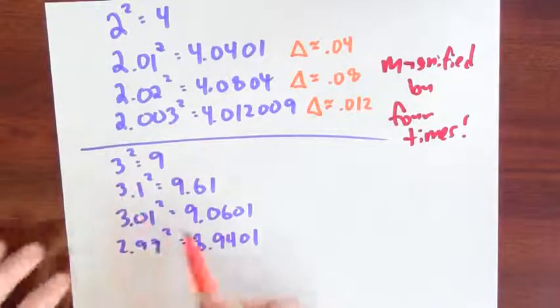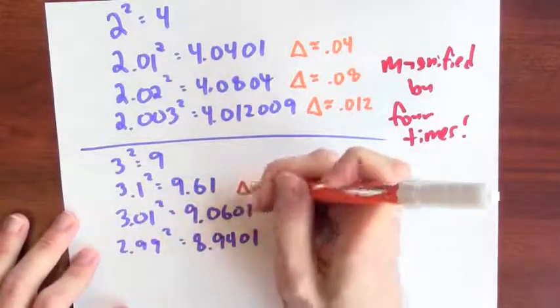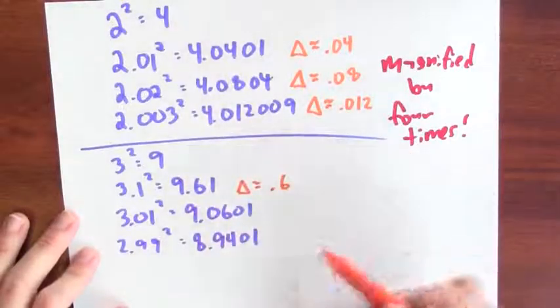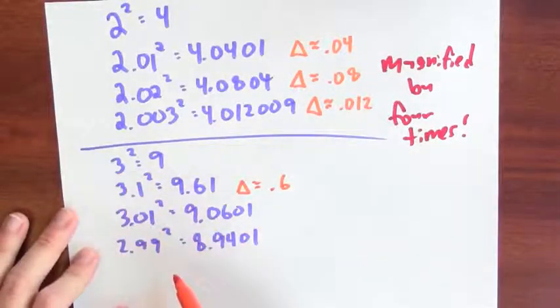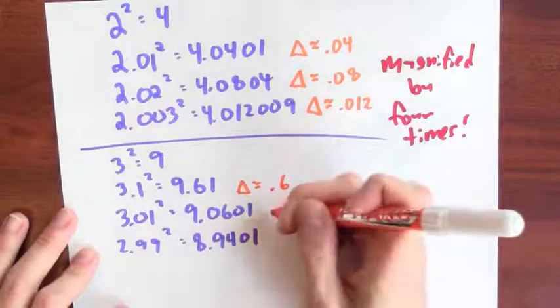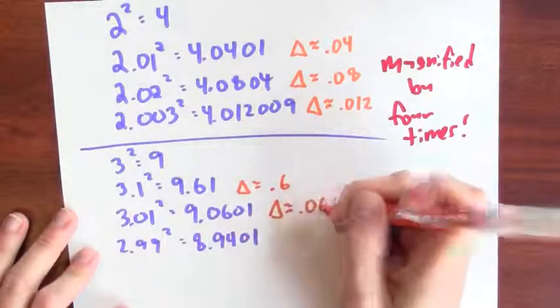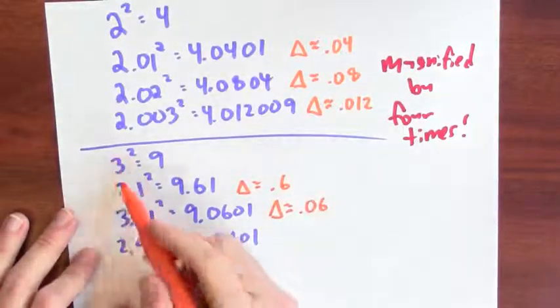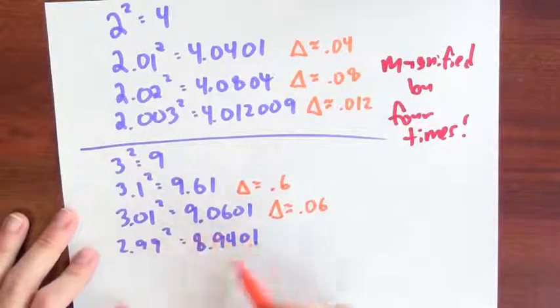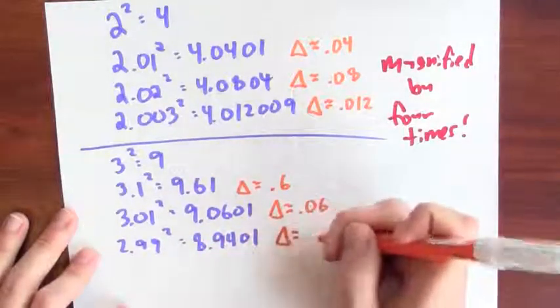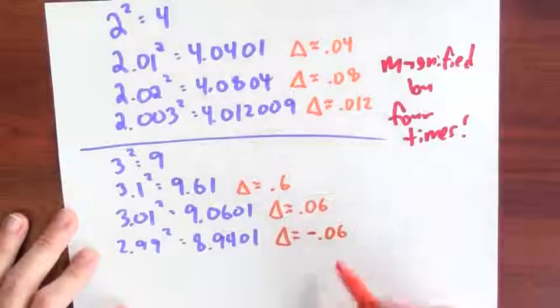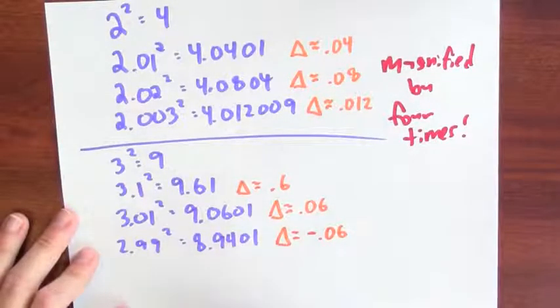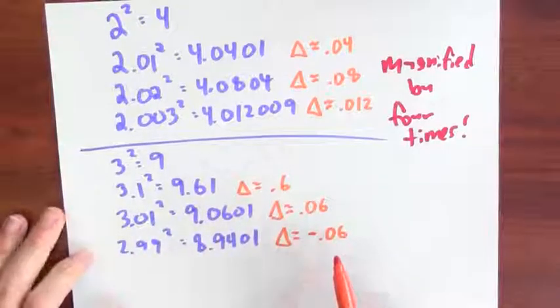Now let's see how much roughly the output changed by. When I went from 3 to 3.1, the output changed by about 0.6. When I went from 3 to 3.01, the output changed by about 0.06. And when I went from 3 down to 2.99, the output went down by about 0.06 again, a little bit less. Now, what's the relationship between the input change and the output change?